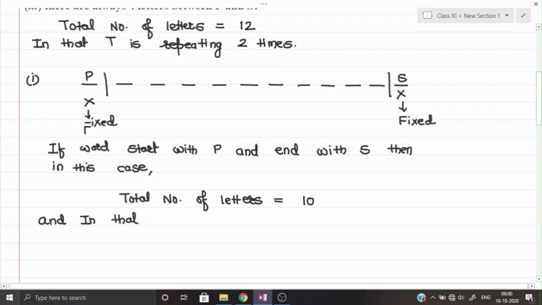Definitely yes, because in those 10 letters T is repeating, sorry, T is repeating 2 times.